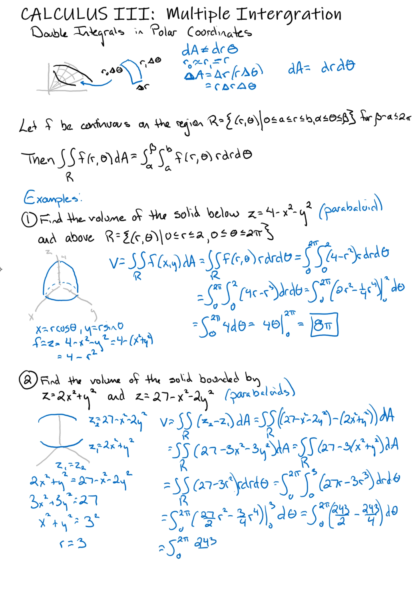That's 243 over 4 d theta. So that is 243 over 4 theta evaluated from 0 to 2 pi. When we evaluate at 0, that's easy. At 2 pi, that reduces, and so we end up with 243 pi over 2, and there is our volume. Enjoy!